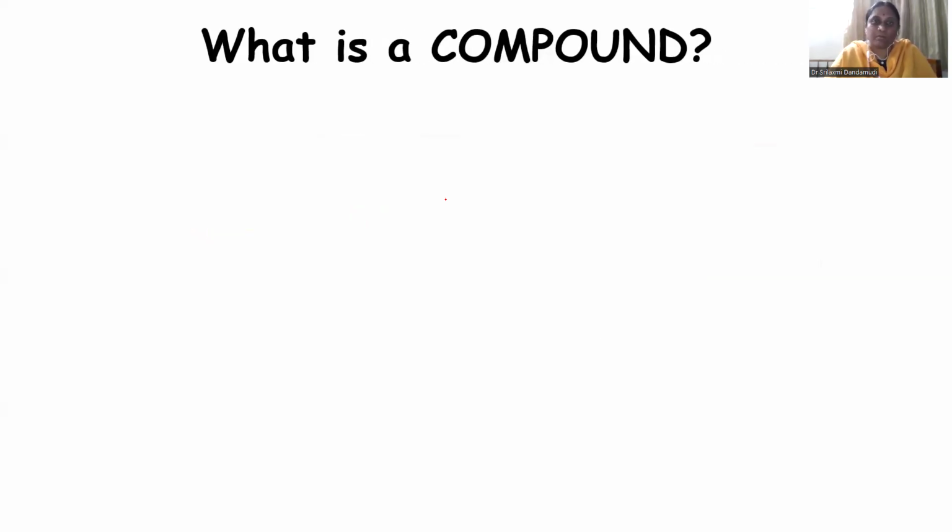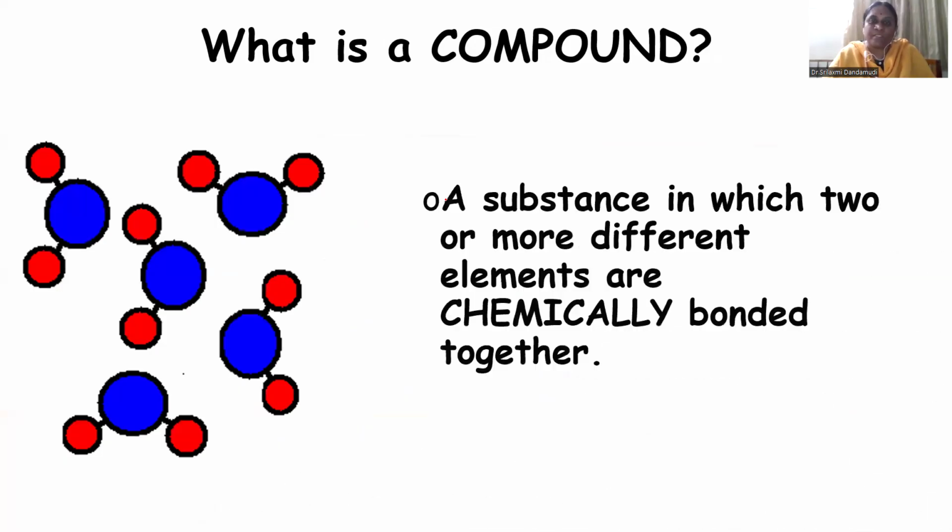What is a compound? See here, a compound contains two different elements. All the red ones are one element and the blue ones are another. So a compound is a substance in which two or more different elements are present, and these are chemically bonded together.